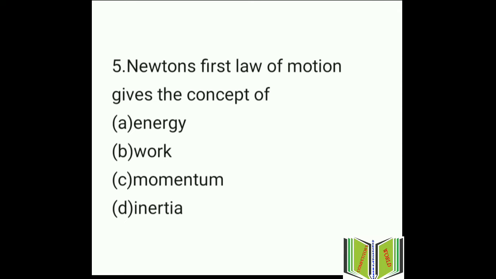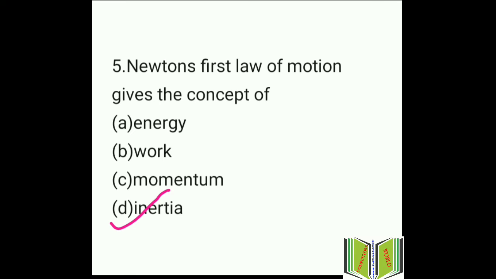Newton's first law of motion gives the concept of option A, energy, option B, work, option C, momentum, and option D, that is inertia. So what will be the answer? So here the answer will be option D, inertia. So if we talk about inertia, what is inertia? Inertia is the ability of a body to remain inactive.